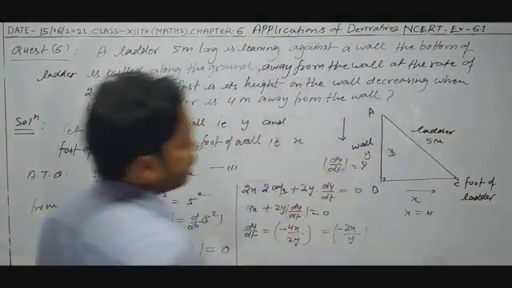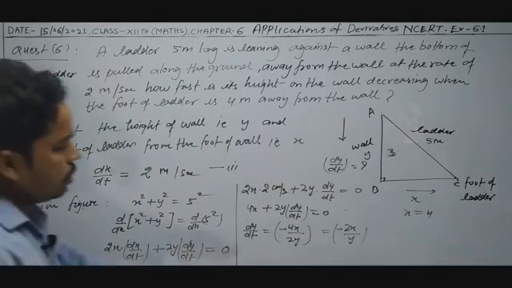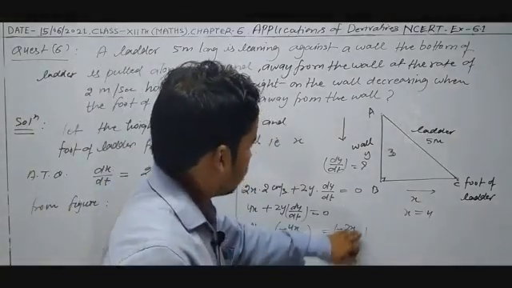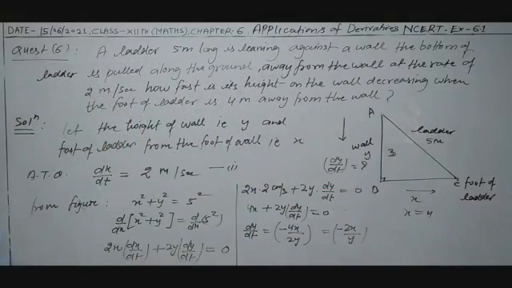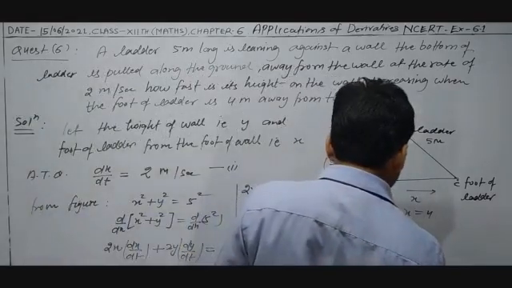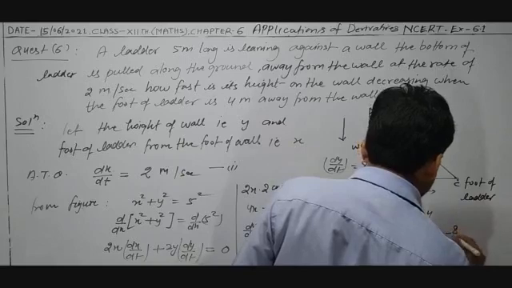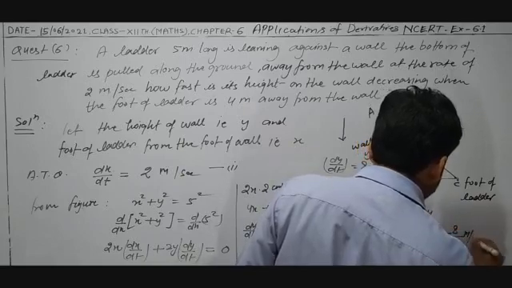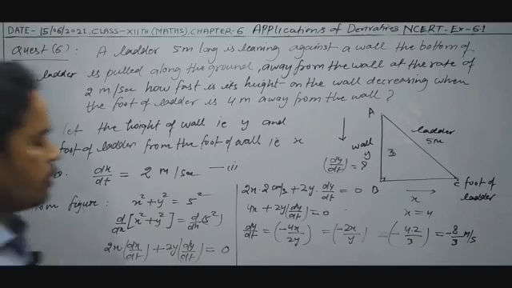So when you put x is 4 and y is 3, you will get minus 4 into 2 by 3, and the result is minus 8 by 3 meter per second. This will be the answer.